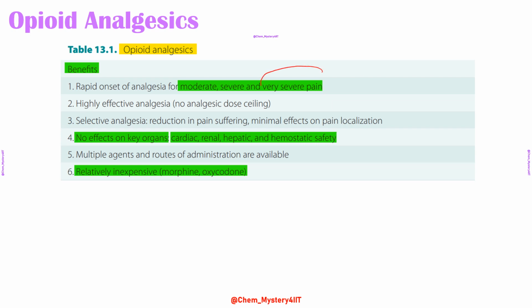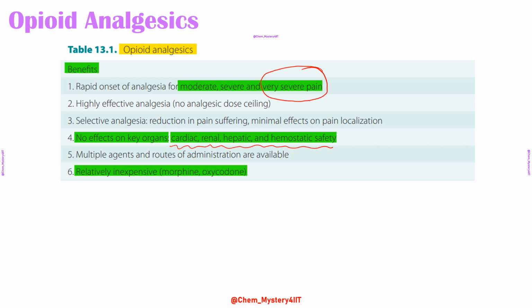When we have very severe pains, opioid analgesics are the ultimate possible solution we can look for. Another important benefit is that there is no effect on key organs like cardiac, renal, hepatic, and homeostatic safety. So although they are habit forming, they have a great advantage in the management of very severe pain without affecting the key organs.